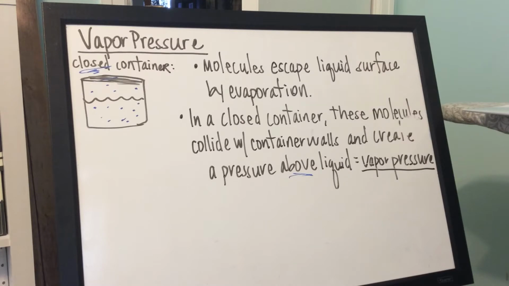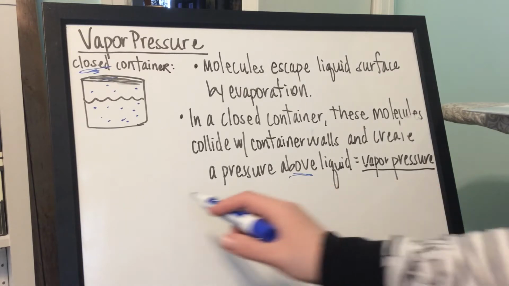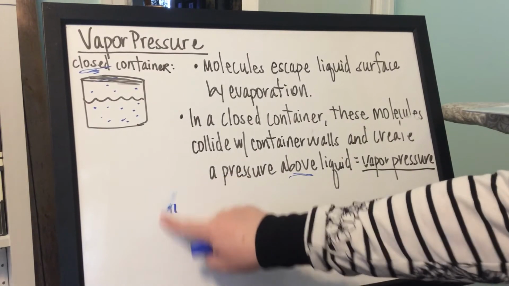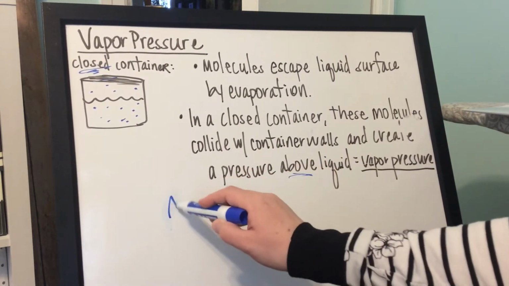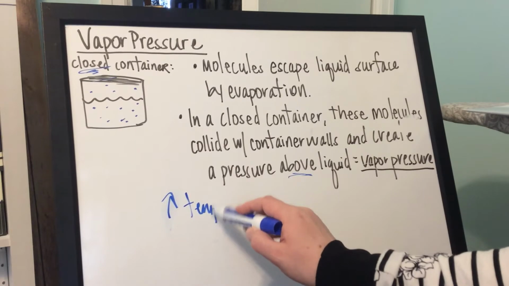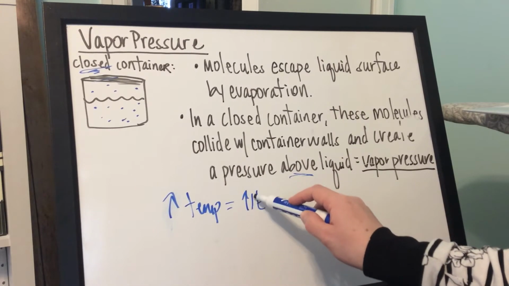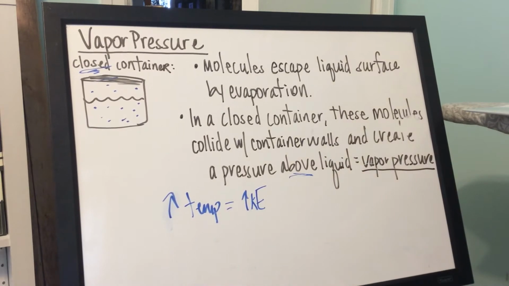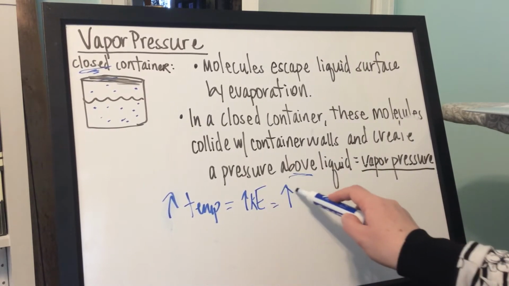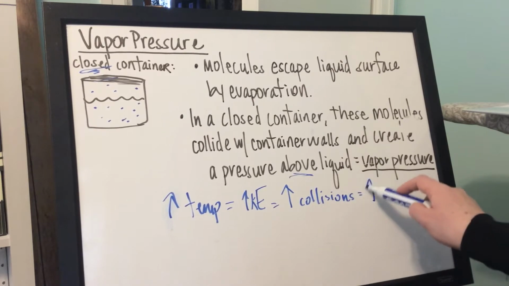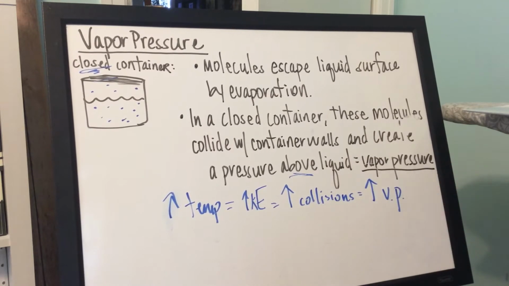Sometimes we will end up talking about if you heat up a liquid, right? The higher the temperature. So we'll add that, let's do arrows to make this easy. The higher the temp is the higher the kinetic energy of the particles, which means an increase in collisions, which means an increase in this idea of vapor pressure.